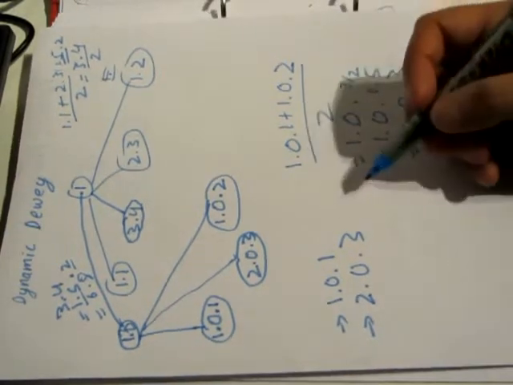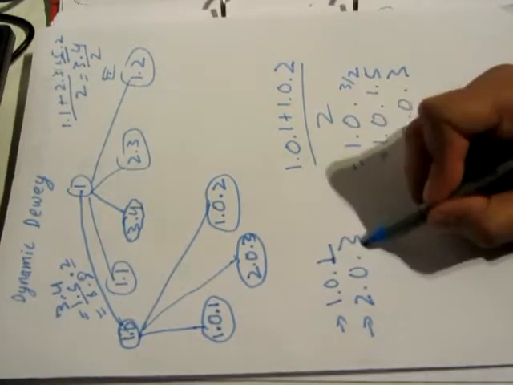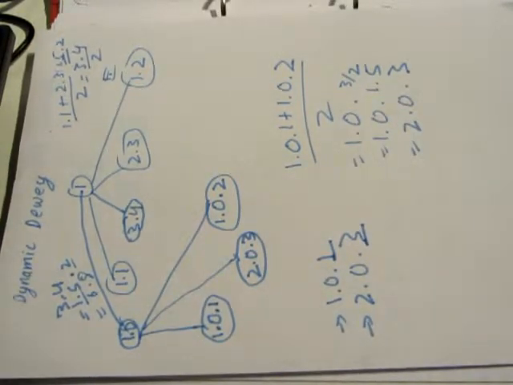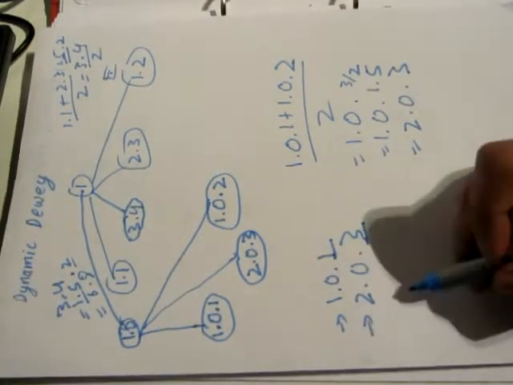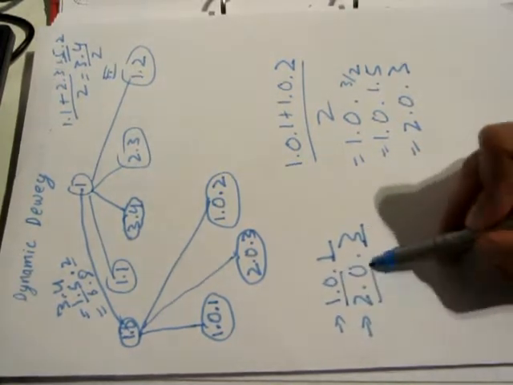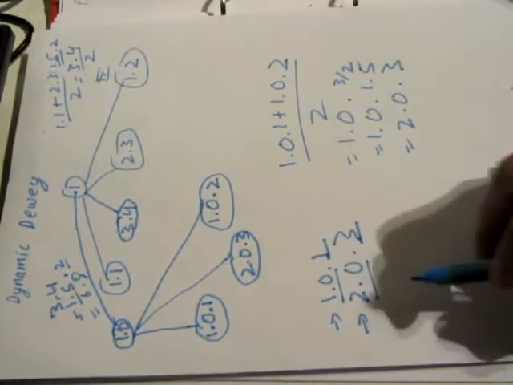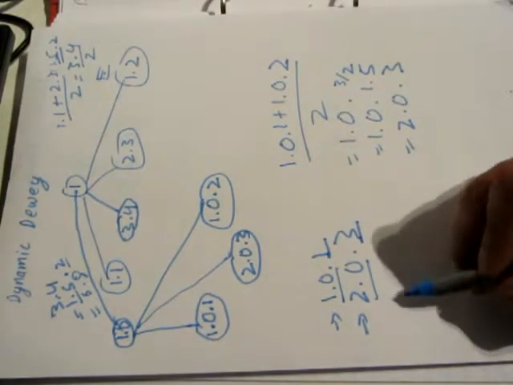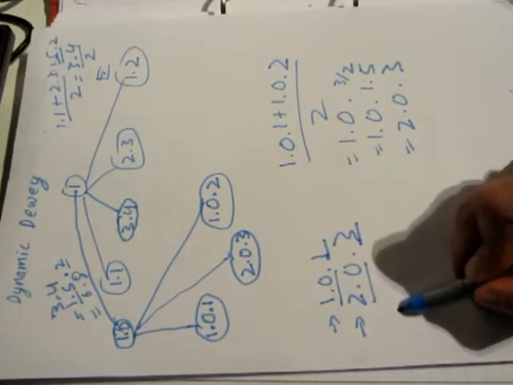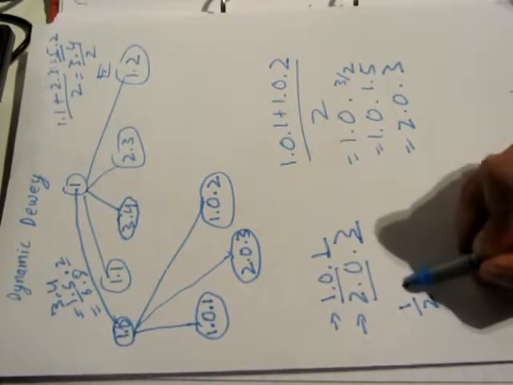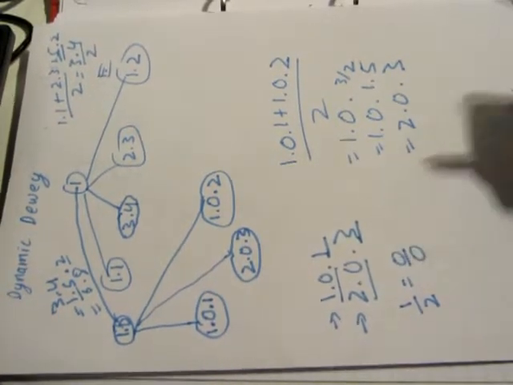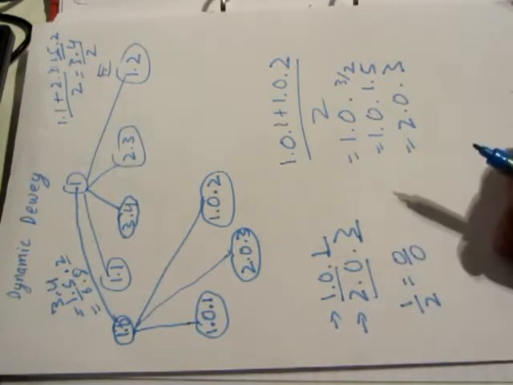So what we do is we omit the last number, then we see the remaining prefix numbers, and we check if they have the same ratio. That is, we check if 1 by 2 equals 0 by 0.